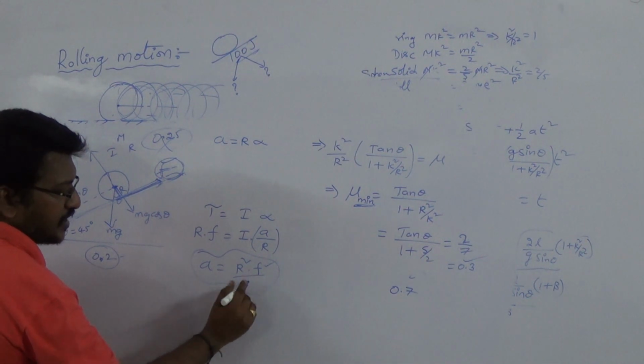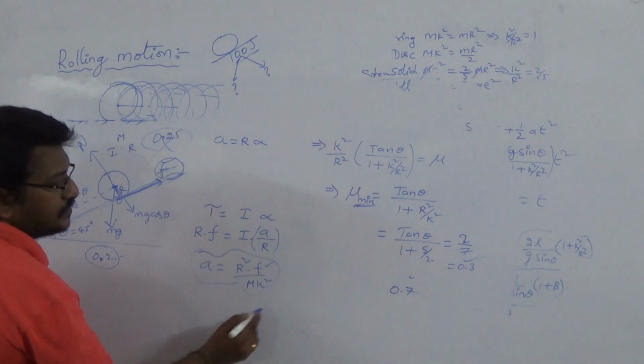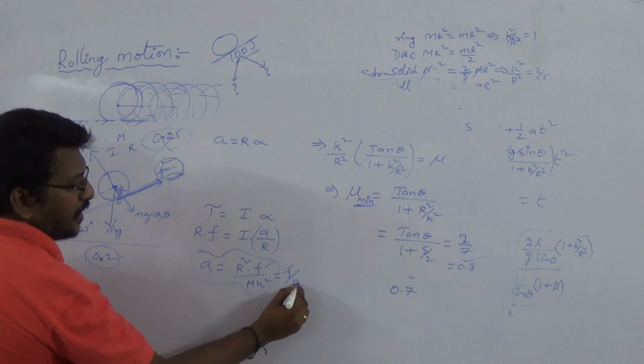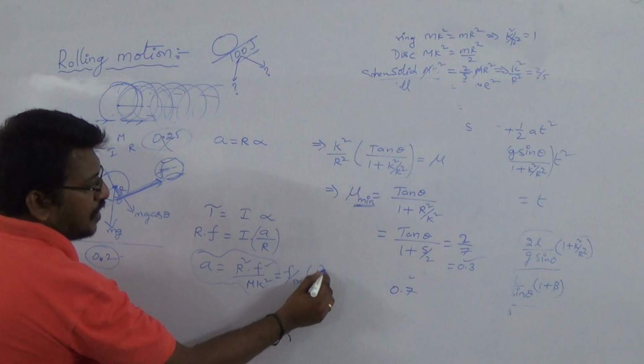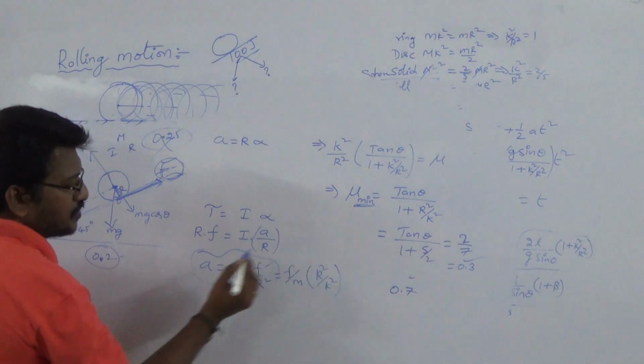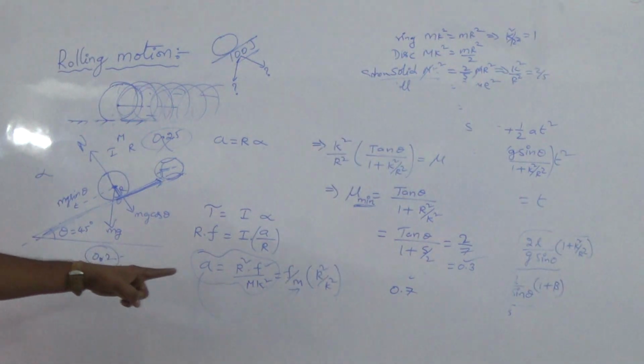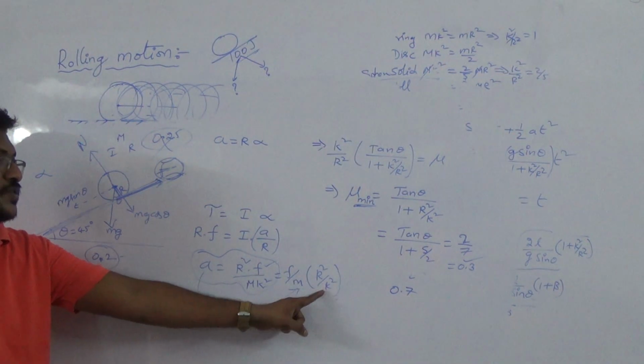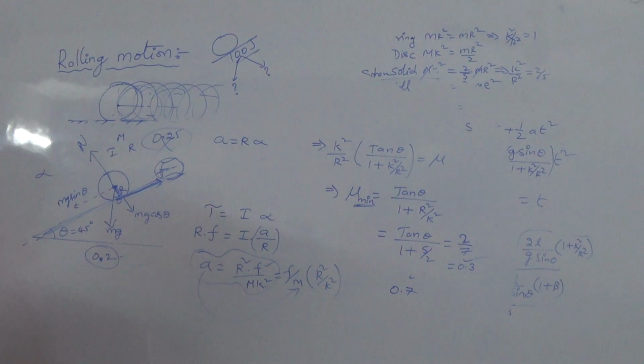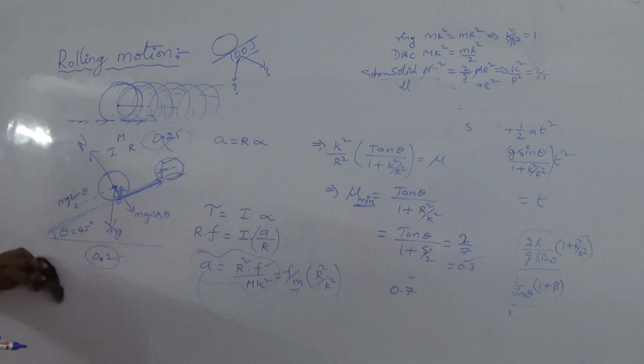I we can write as m k square, so that equals F by m into R square by k square. So that is the linear acceleration in terms of friction force, F by m R square by k square. That is about rolling motion on an inclined plane.